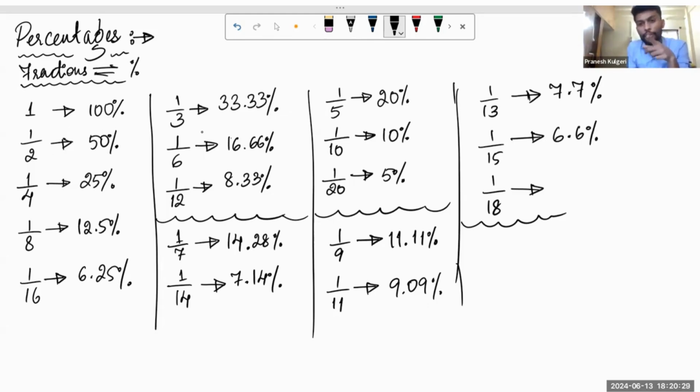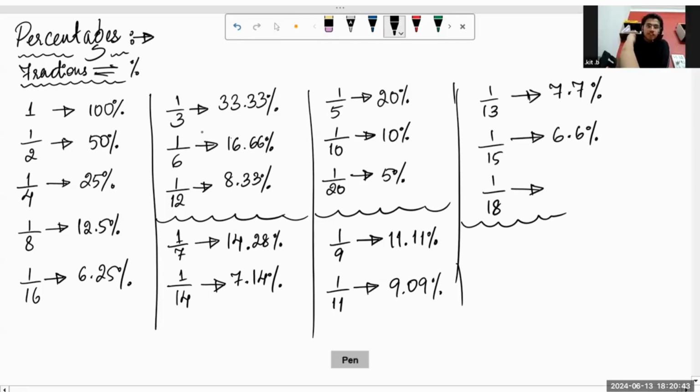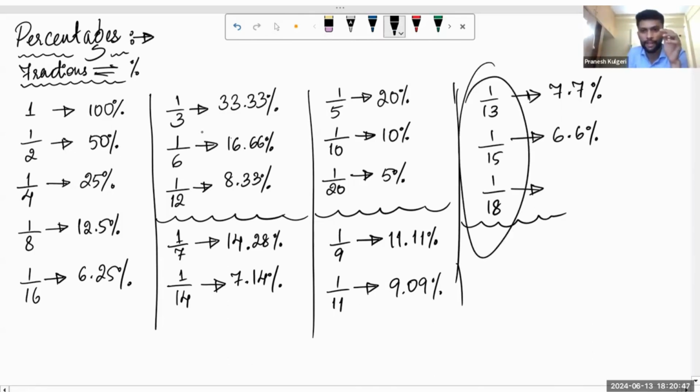With this logic, tell me what should 1 by 18 be. Listen, guys. They don't share any similarity with the fraction. They are not half of anything. Half of 13 is not 1 by 15. I'm not saying that. I have grouped them in a different family because I can remember it very easily.